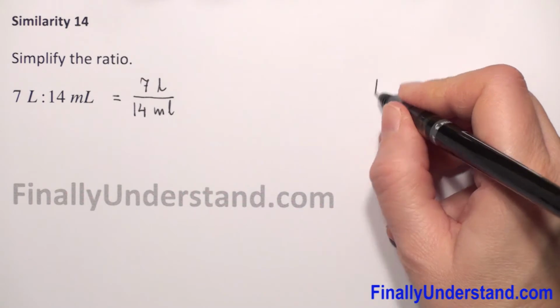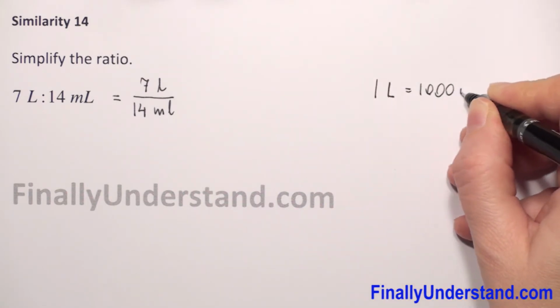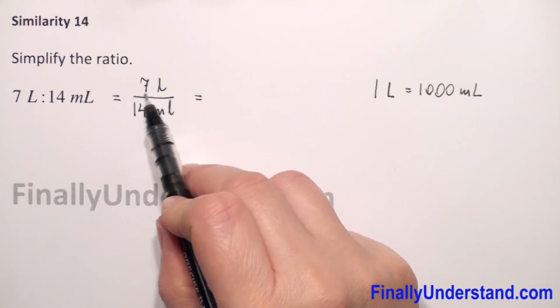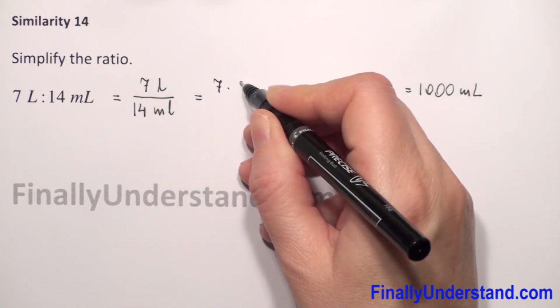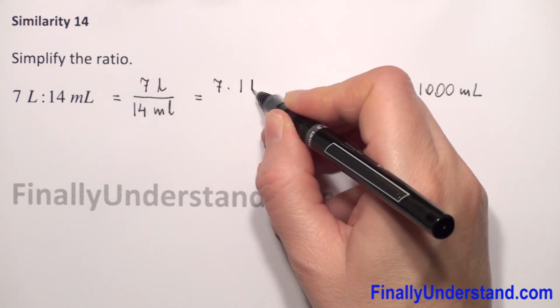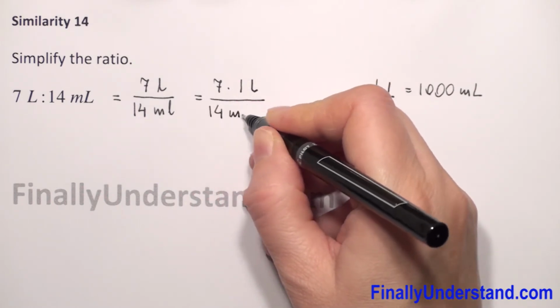So we can write that 1 liter is 1000 milliliters. Now I can rewrite our numerator: 7 times 1, this is like 7 times 1 liter, over 14 milliliters.